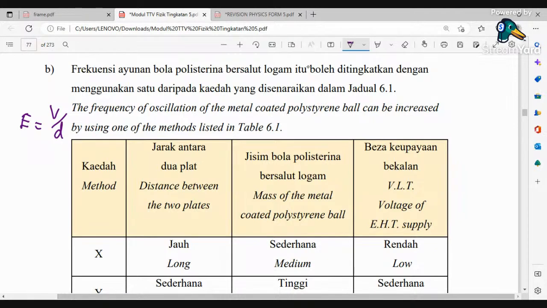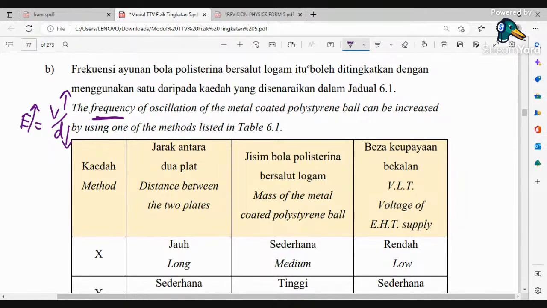Okay, so you want to increase the frequency, means you need to increase the strength of the electric field, means increase the voltage and decrease the separation distance between the two plates.